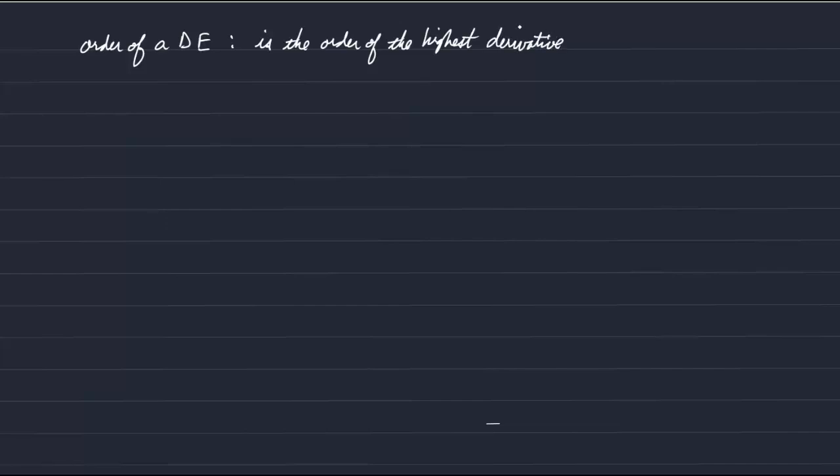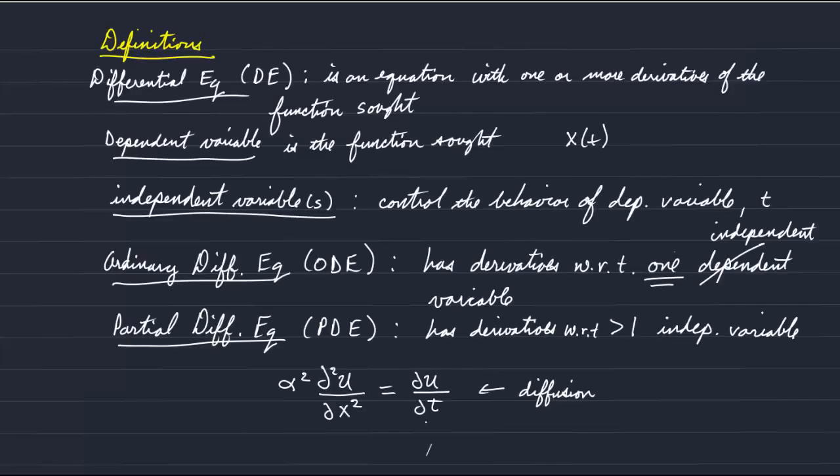It's the highest derivative in the equation. So, for example, the diffusion equation involved a first order partial derivative and a second order partial derivative. So the order of this equation is 2. We would refer to this equation as a second order partial differential equation.